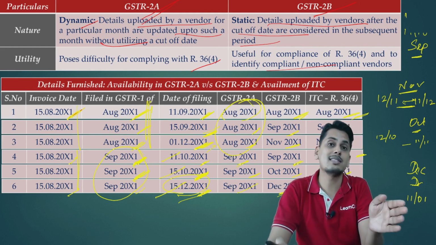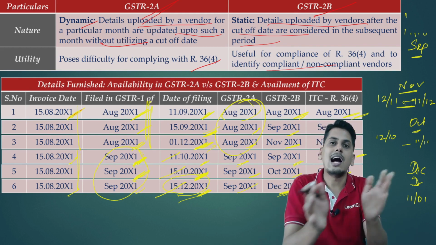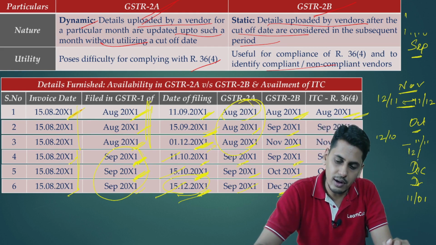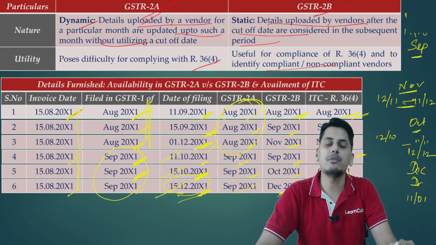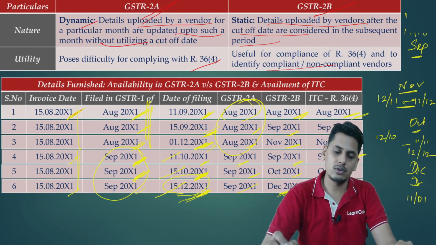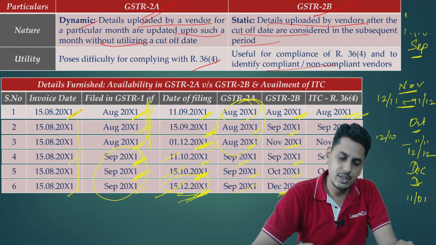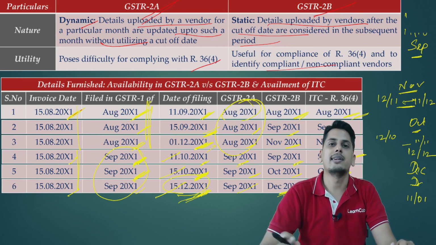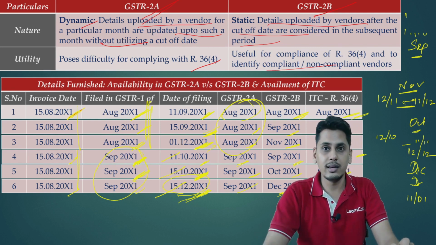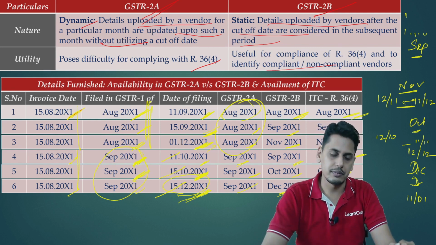So what is going to be the starting point for December? After 11th of December comes 12th of December. So friends, for December, the range is 12th of December till 11th of January. Yes, this is filed in that range. So therefore, it would appear in GSTR 2B of December. Accordingly, credit can be taken in the return for the month of December.